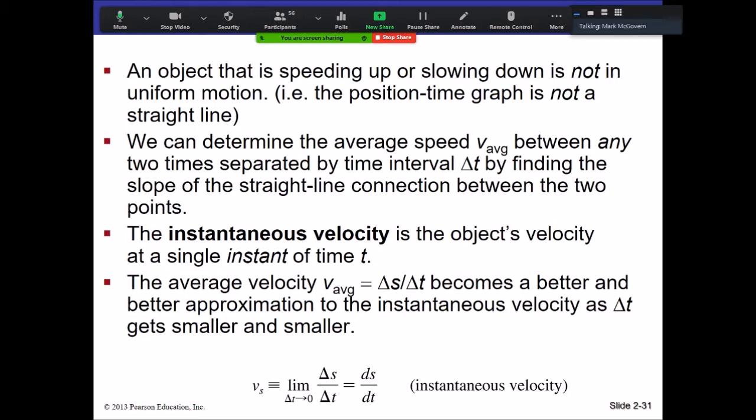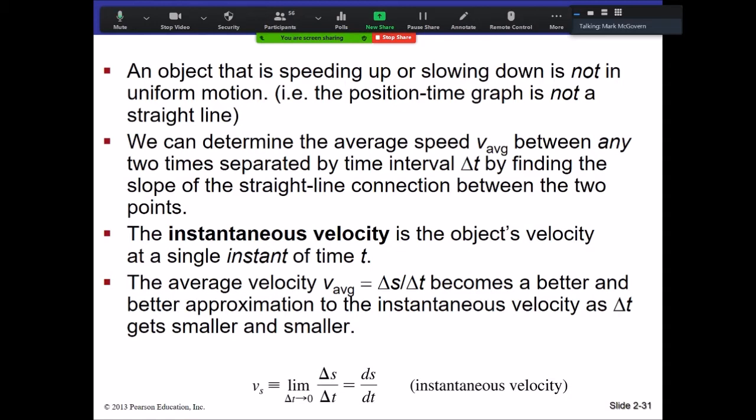And the idea of this gets to this other concept that we call instantaneous velocity. The difference being the average velocity are deltas, delta S over delta T, whereas the instantaneous velocity is exactly what it sounds like. What is the velocity at a single instant of time?